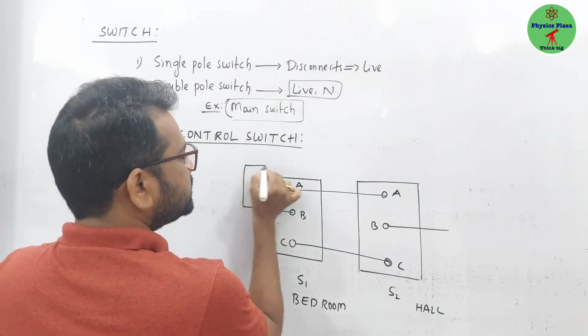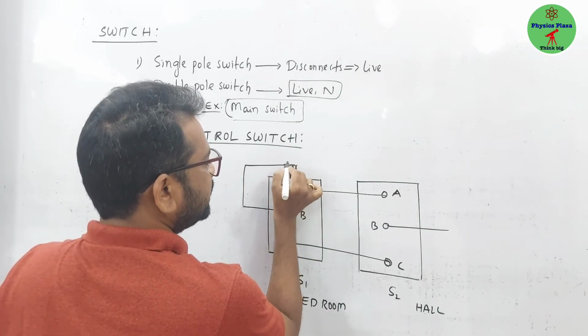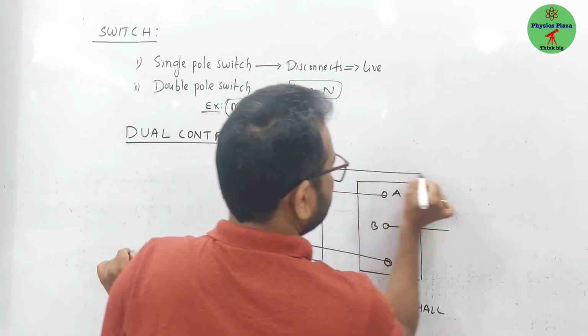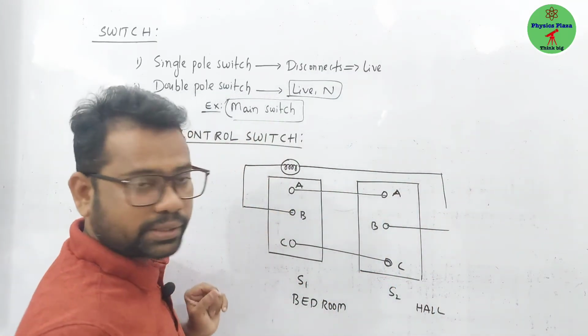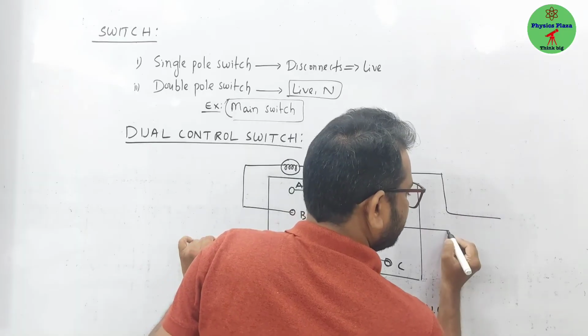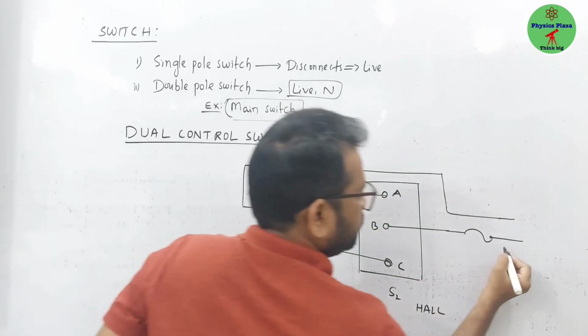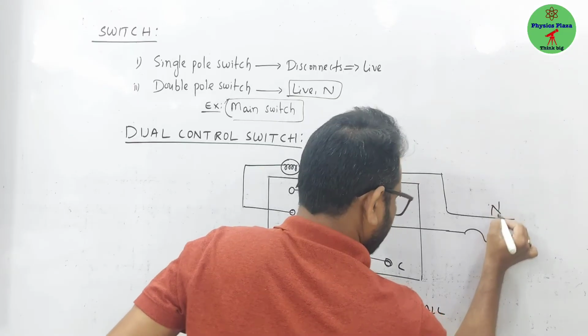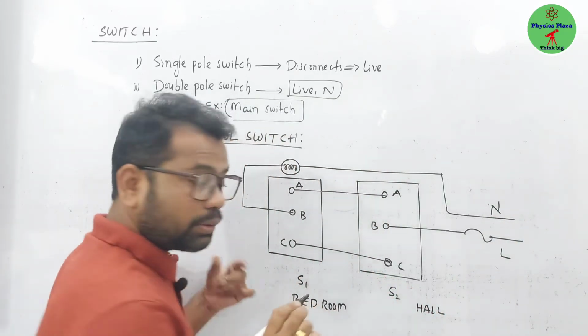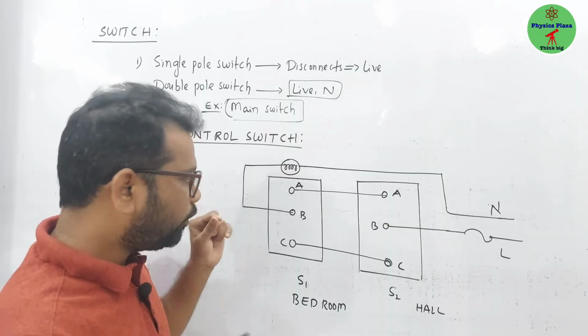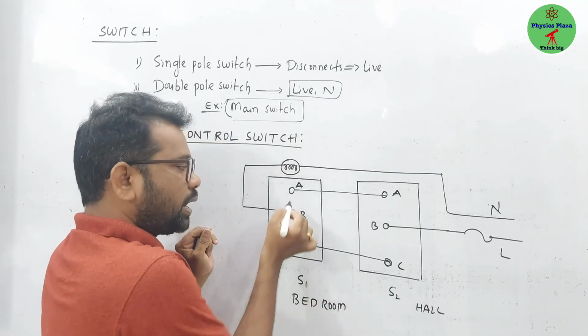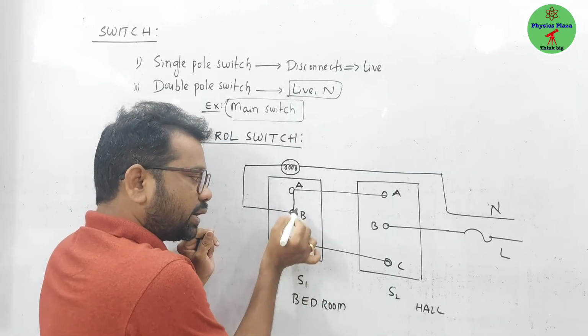So let us say in this bedroom, I'm talking about this single bulb. Children, let us say that this bulb is in the bedroom. Here is the fuse and everything. So now it is a live wire and it is a neutral wire. Now children, one more thing I want to tell you. By default, in switch 1 and switch 2, either AB or BC are connected.